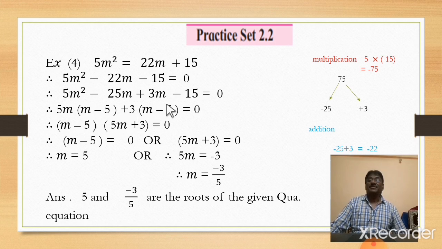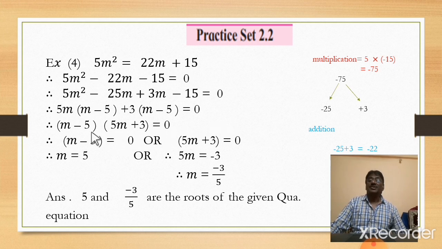Now, in the second pair, you can take 3 as common, then we get 3 in bracket m minus 5 is equal to 0. Now, the bracket is the same, therefore we take the bracket as common, and the remaining terms are 5m plus 3, so the second bracket we get 5m plus 3 is equal to 0.